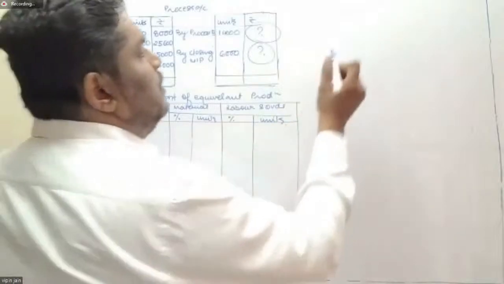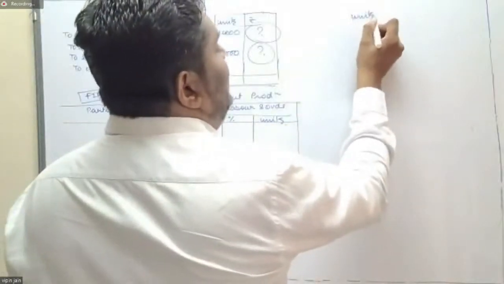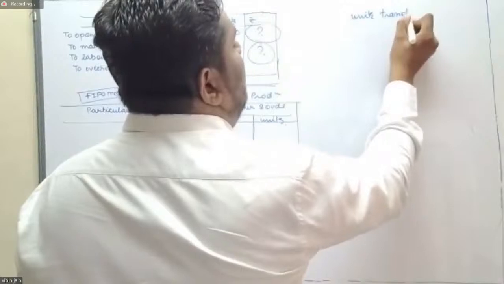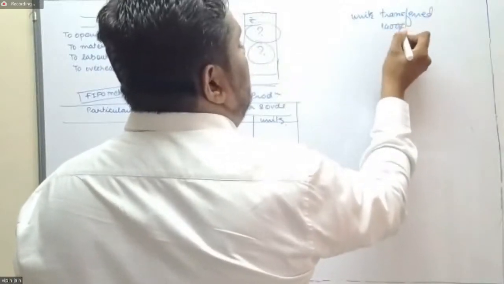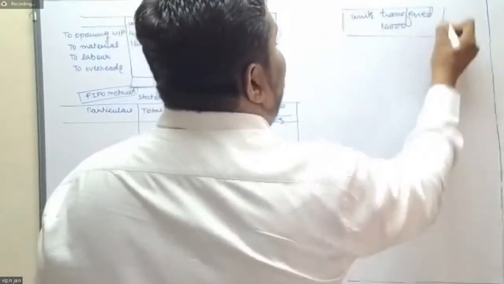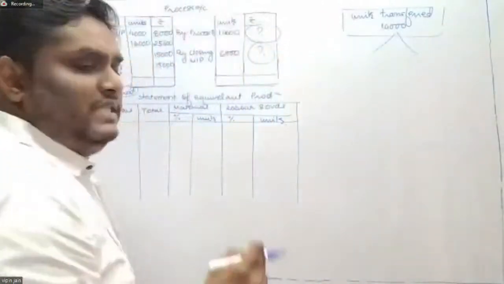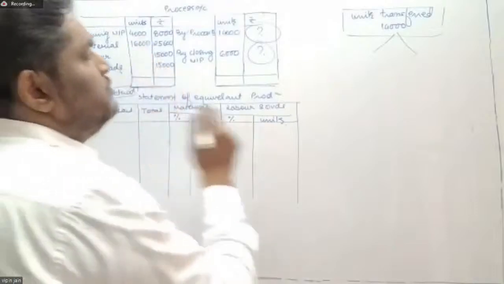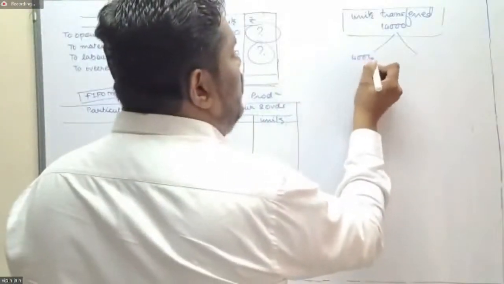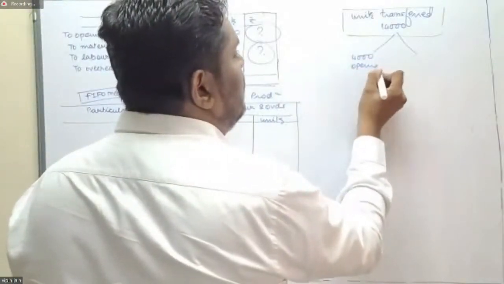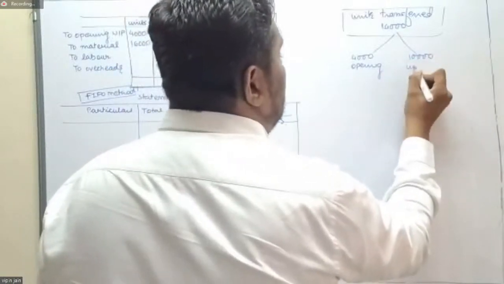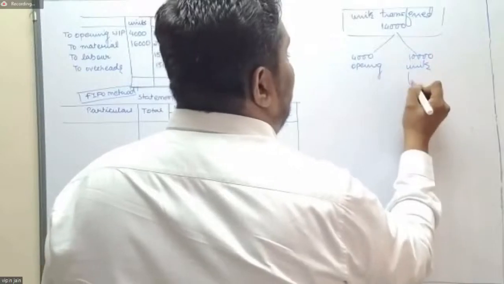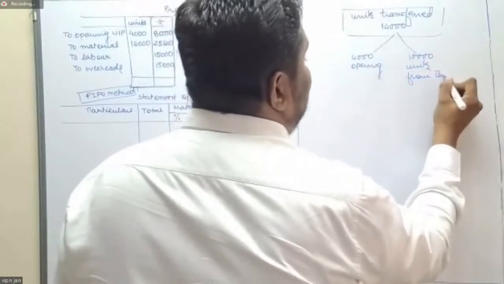Now guys, total units transferred are 14,000. Since we are using FIFO method, we'll assume 4,000 will be from opening work in progress and balance 10,000 units from inputs made during the year.